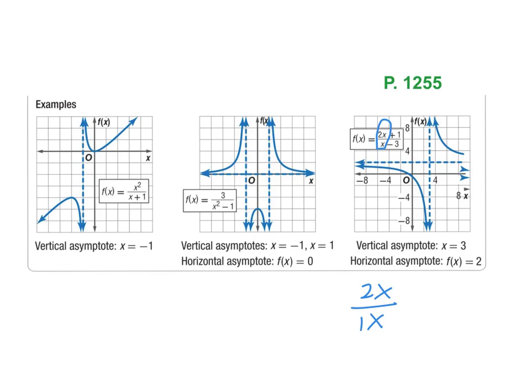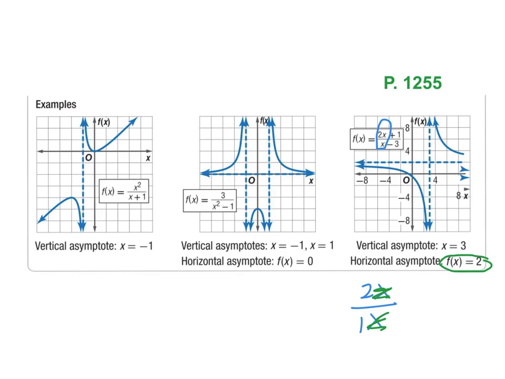The coefficients are 2 and 1. In reality, I don't even need the x's, they cancel anyway. So when those degrees on top and bottom are the same, all you do is divide the coefficients. 2 divided by 1 is 2, and therefore I get this horizontal asymptote at f of x equals 2.